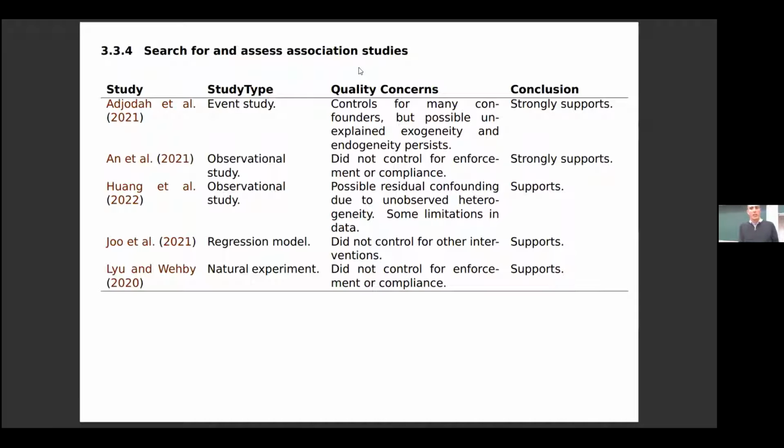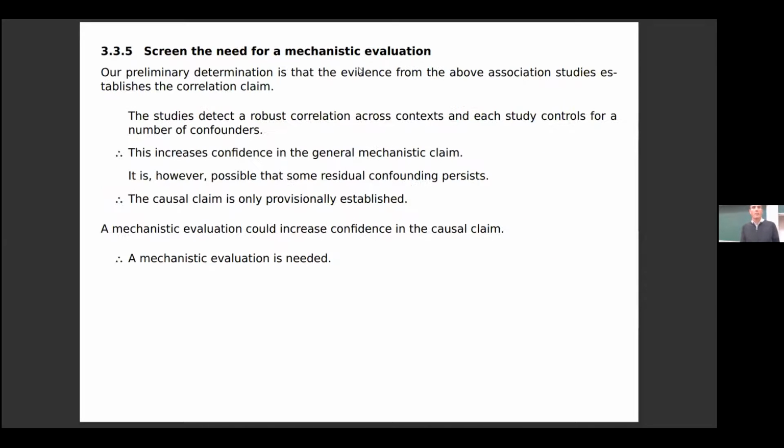The association studies are broadly supportive of the causal claim. We would say that the association studies establish the correlation claim, but it's possible that some residual confounding still persists. And so the causal claim is only provisionally established.